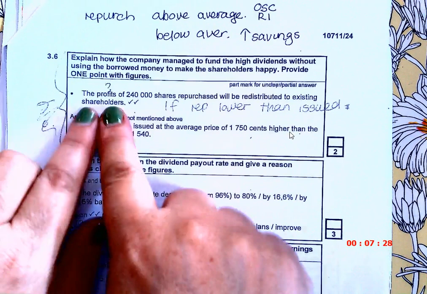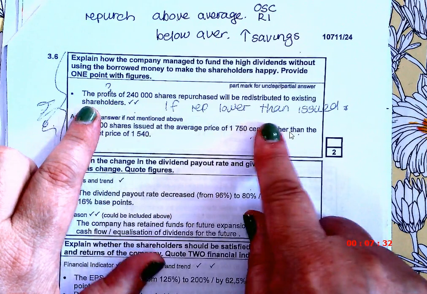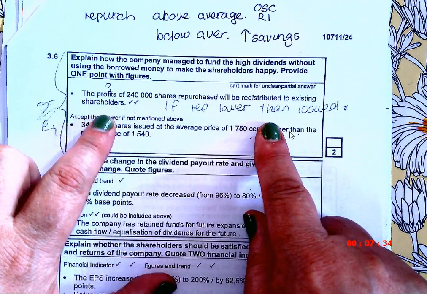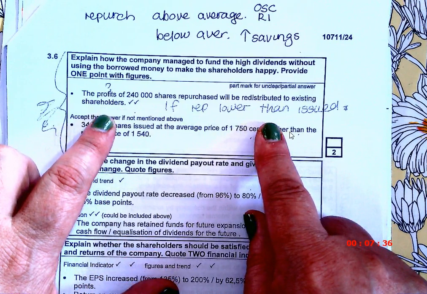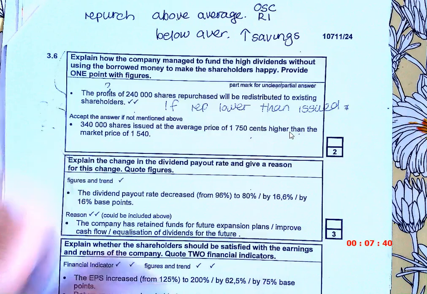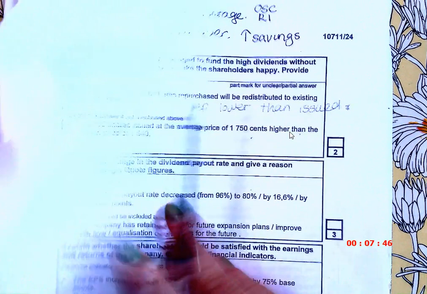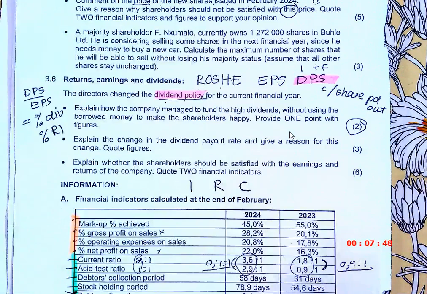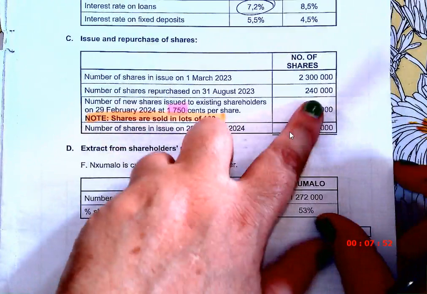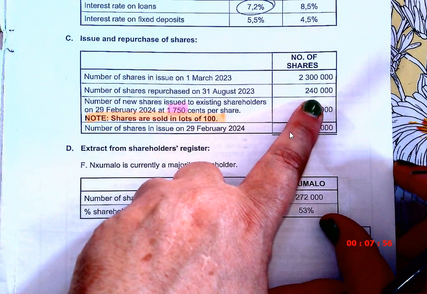So now they say there, the profit of the shares repurchased will be redistributed to existing shareholders. And I have to be honest with you, nothing in that sentence makes any sense to me. But if you go look at this, where did I repurchase? Do they tell me that I repurchased? Yes. I repurchased 240,000 shares.